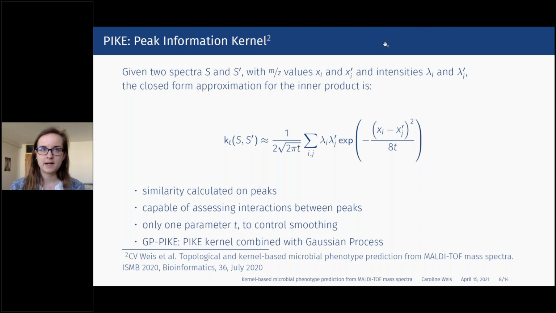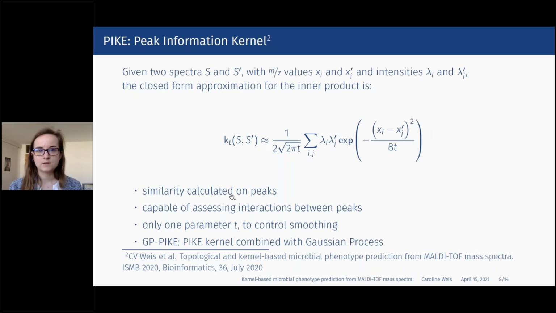So the idea in PIKE is that every peak in S is compared to every peak in S prime. This is what this sum does. Then the intensity values of each peak pair are multiplied and weighted by this exponential function that was inspired by the heat diffusion equation. What this weighting does is that the further away two peaks are on their m/z values, the lower their weight is in the comparison.